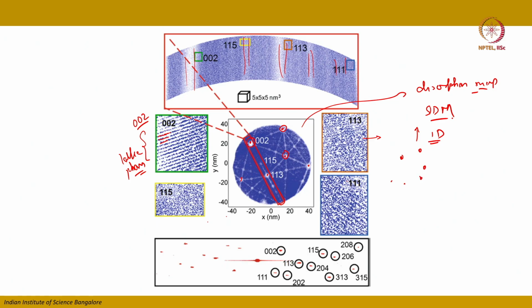So you can see that this is in the Z direction, whatever you have plotted. So if you have a desorption map, you have a needle specimen. If you take the SDM along this particular direction and reconstruct it, you can actually image the atomic planes. But if you do it in two dimensions, in X and Y, actually you can get the spots which correspond similarly to the diffraction spots, correct?